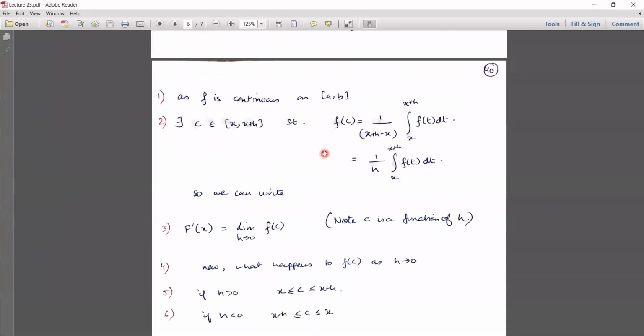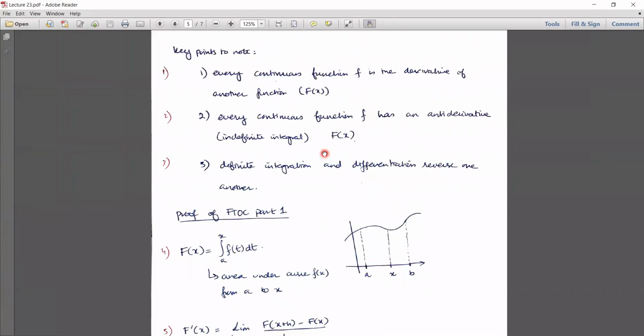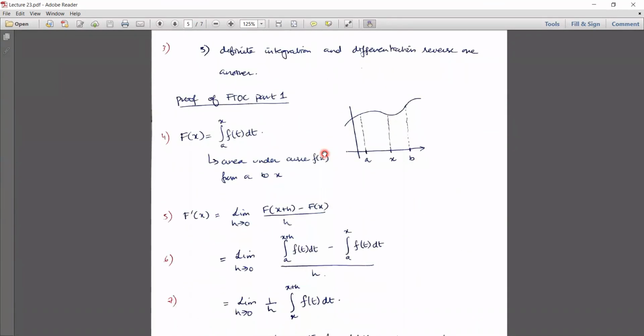Okay. So in the last lecture, we did the fundamental theorem of calculus, part one, which connected definite integrals to derivatives.